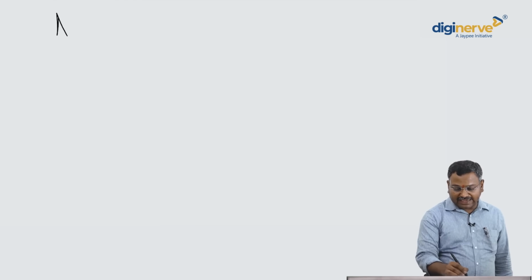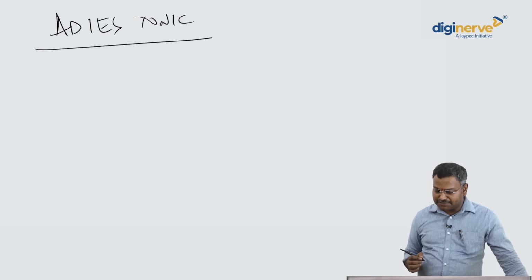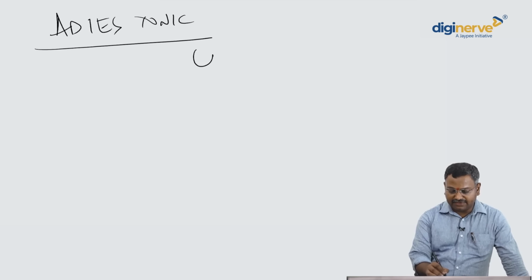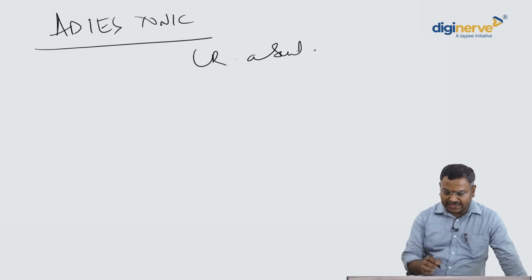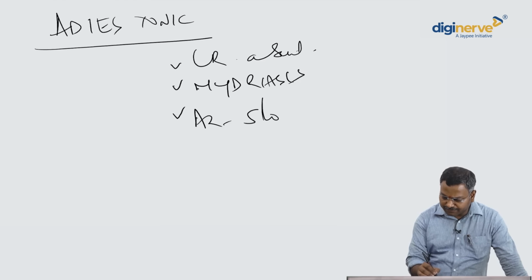Next, you have the Adie's tonic pupil. Now, Adie's tonic pupil is a condition where the reaction to light is absent. So, light reflex is absent usually here, and the pupil is usually larger. So, you have mydriasis that you see there. The accommodation reflex is very, very slow and tonic.